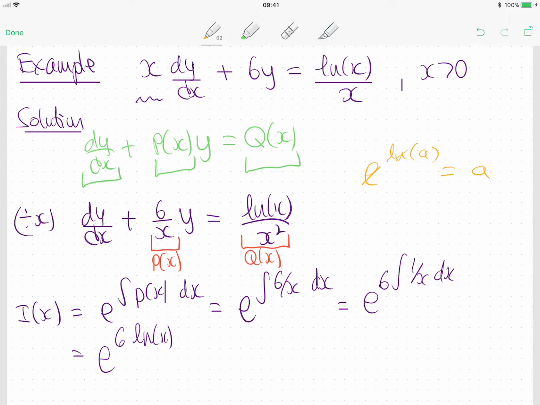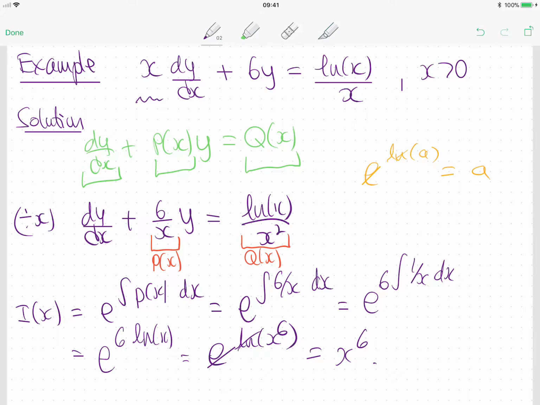In my case, the 6 is in the way, blocking this cancellation, but using the property of log, I can move that up to the power, like so. 6 goes on to the power of x. Now I can cancel them off, giving me x to the power 6. This is my integrating factor.